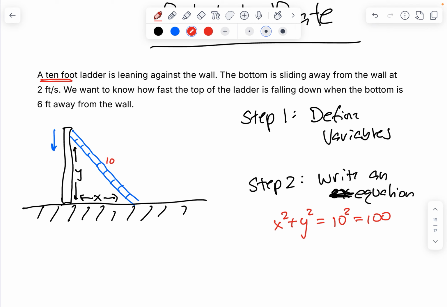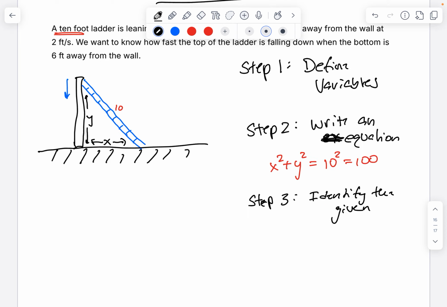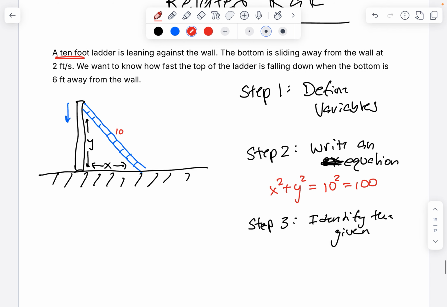All right, step three, let's identify our given information. So let me write that down. Sorry guys, this pen is kind of new. Identify the given. All right, so we know that the ladder is 10 feet, right?